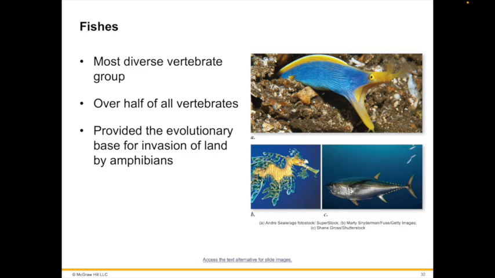Over half of all vertebrates are fishes. The most diverse vertebrate group, fishes, provide the evolutionary base for the invasion of land. In many ways, early tetrapods can be viewed as transitional fish out of water.